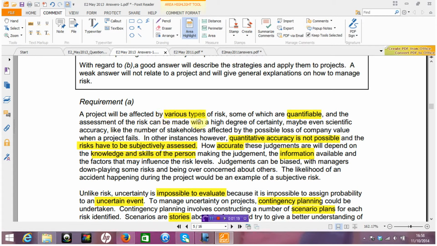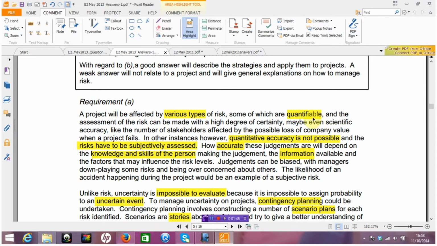With any project there'll be various types and various degrees of risk. A key point is that we can split risk down into two main parts. The first part is what we would call quantifiable risks, which we can predict or assess with some level of certainty, perhaps using some sort of scientific or mathematical method.